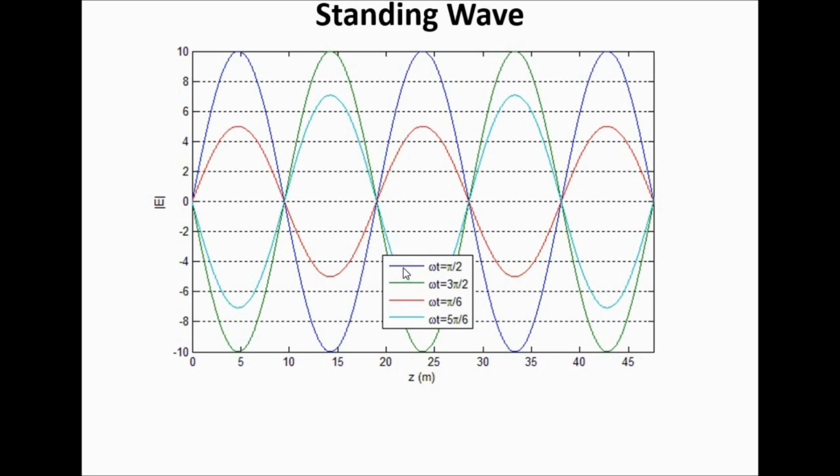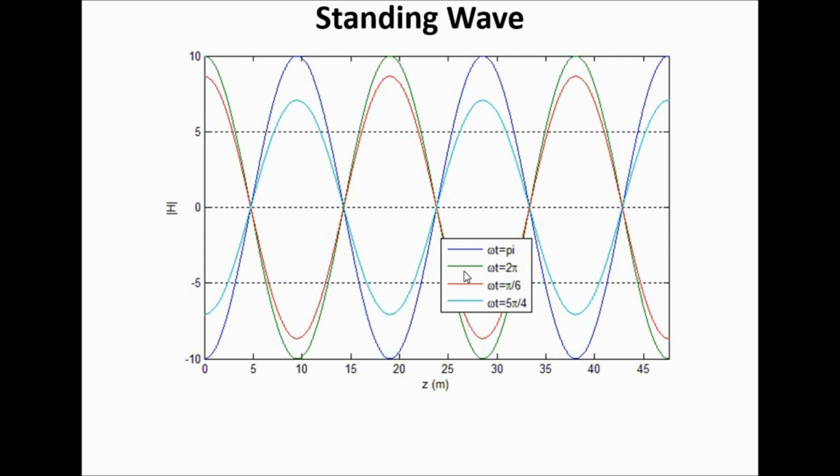So if you take omega t as pi over 2, 3 pi over 2, pi over 6, 5 pi over 6, you will get the standing wave. So a standing wave is like particles oscillating in this way, but it is not traveling. So the field is not carrying any energy. If you plot the magnetic field, you will get the standing wave like this. So it has some nodes, these are the nodes and these are the antinodes.